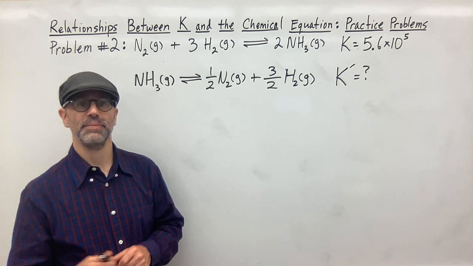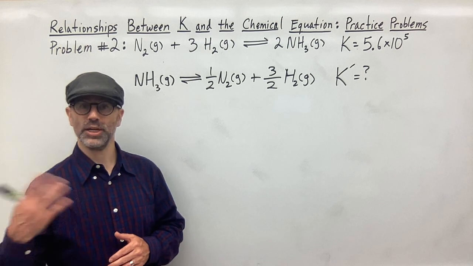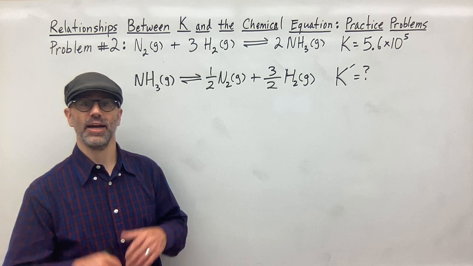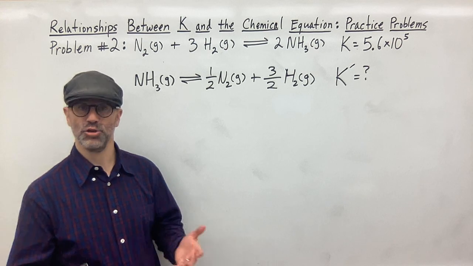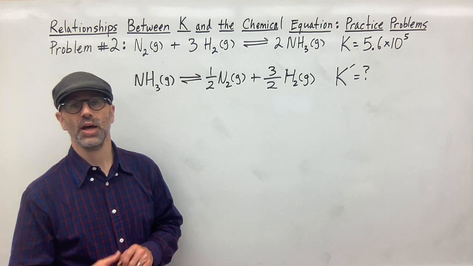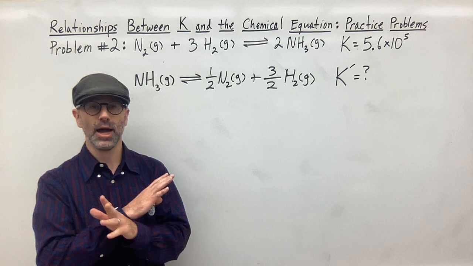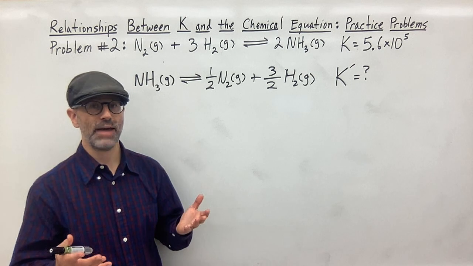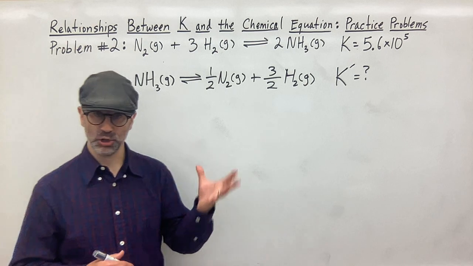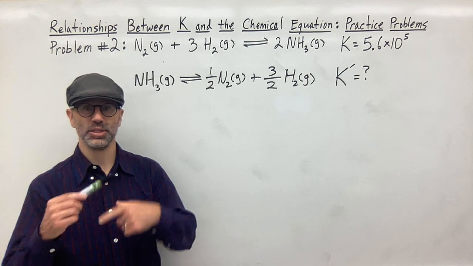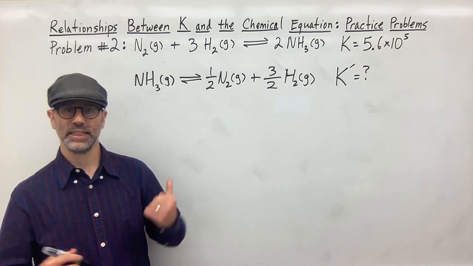So if you multiply your equation by 2, then you have to raise the original K value to the power of 2 to get the new K value. The other thing is, if you reverse a reaction, if you flip it around, then the new K value for that flipped equation is the reciprocal of the original K value, so 1 over the original K value. So let's get into this.